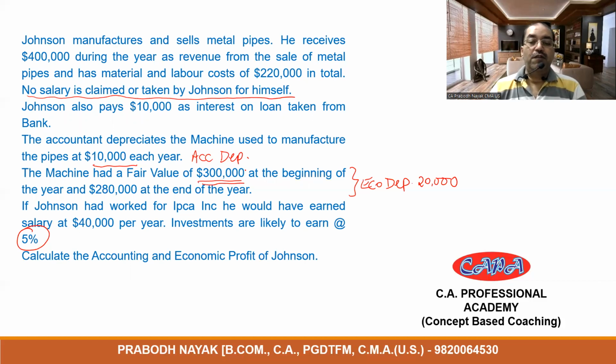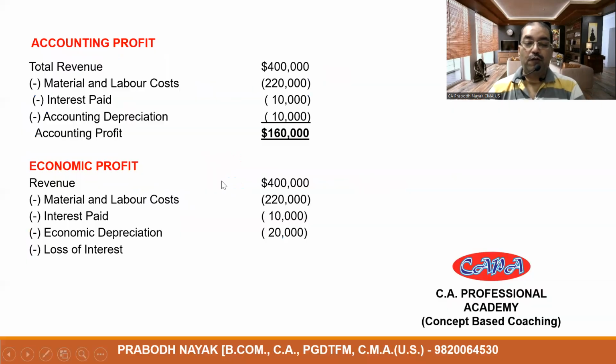Had I not invested that $300,000 at the beginning, then I would have invested it in some other form where I would have earned 5% returns. 5% of $300,000 will come to $15,000.